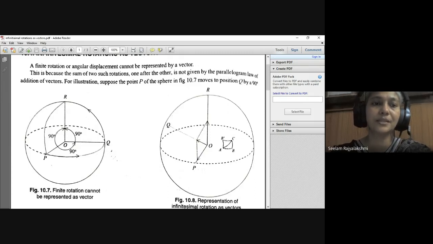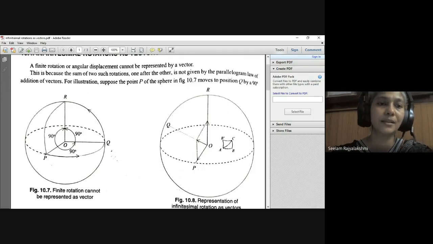In the first case the point P moves from P to Q by 90 degrees by fixing the axis OR, and then rotates from Q to R by 90 degrees keeping OP fixed. So the particle from P to R travels in two steps.